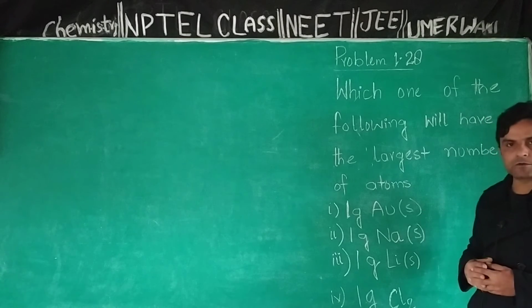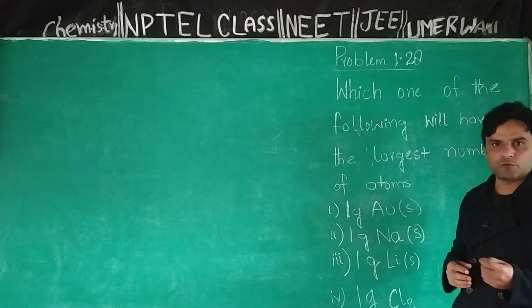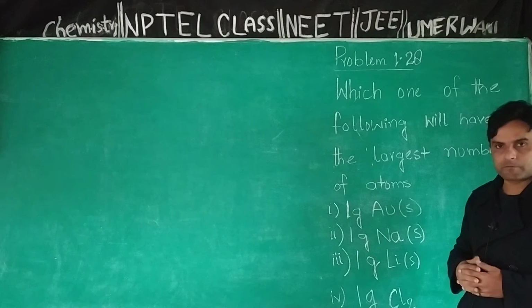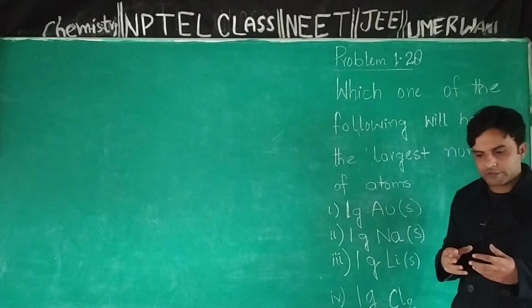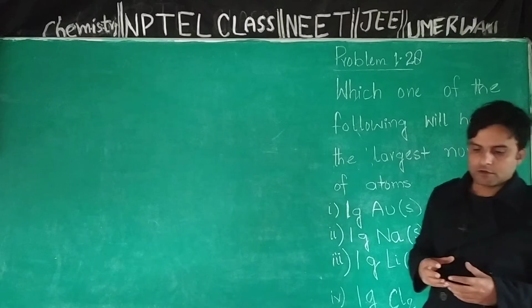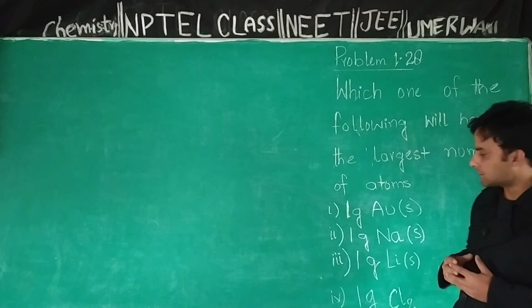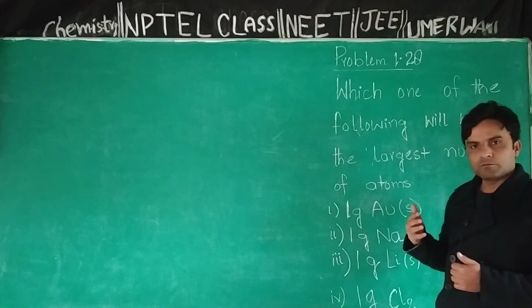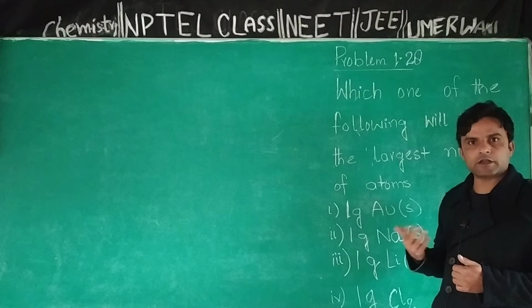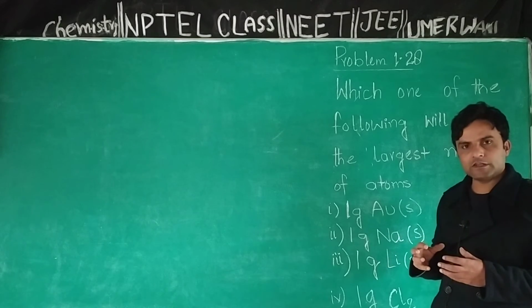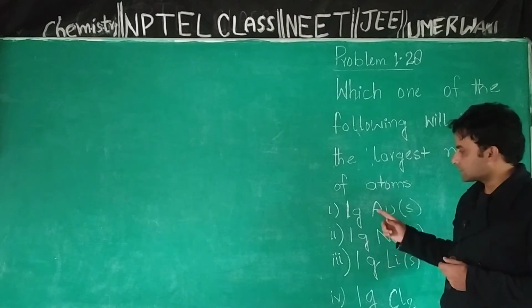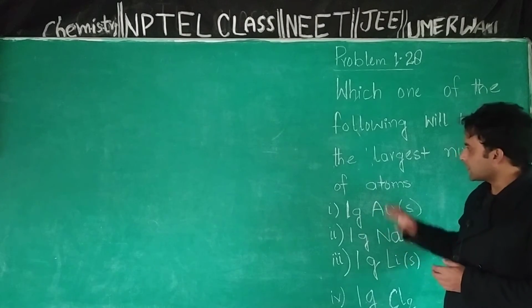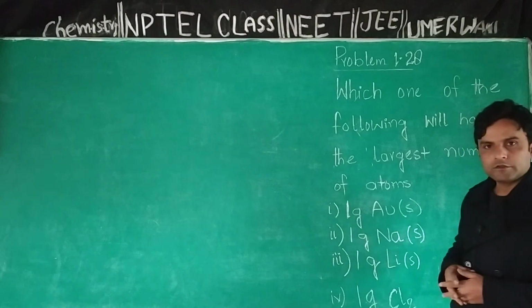Now the solution of this problem actually requires the idea of mole, molar mass and Avogadro number, and we need an equation that relates number of atoms with moles, molar mass and Avogadro number, or I will say we need an equation that relates given mass, molar mass and Avogadro number in order to calculate the number of atoms.